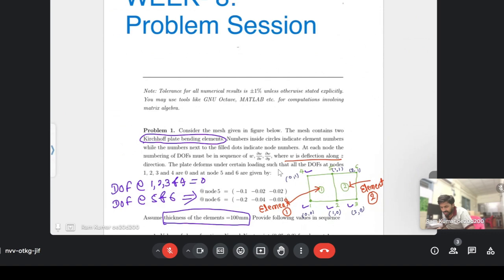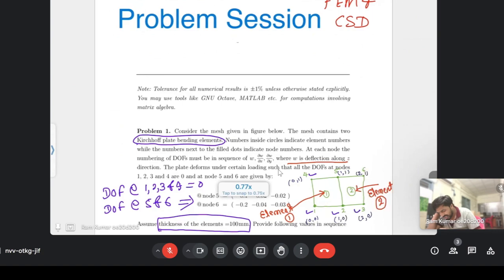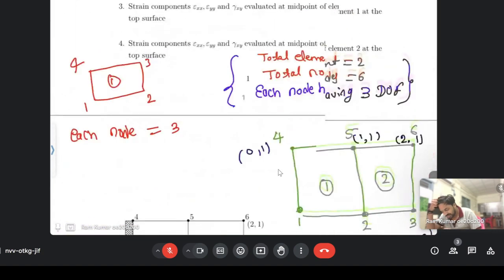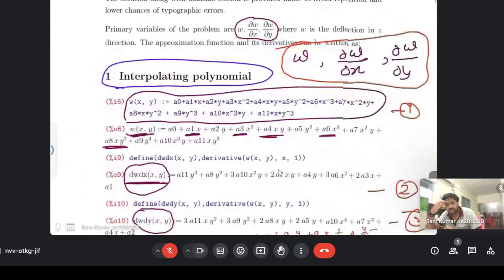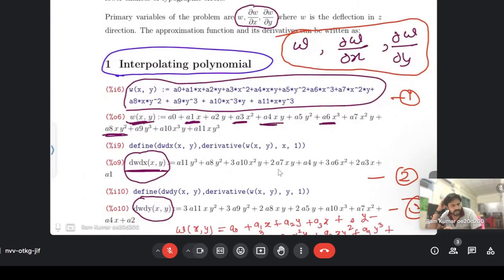NPTEL FEM and CSD. You know, these are two different subjects, FEM and CSD. But we are trying to learn them in one subject itself, so it will take a lot of time. I just want to tell you, anyway, I will share that PDF, and please try to write your MATLAB code and solve this problem using a code.